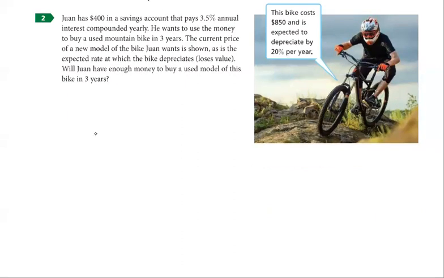So just remember the formula that we were given, which I tried to explain, was A equals the principal times (1 plus R) to the n power. In our case, we start with 400, so A is 400 times (1 plus R). R is the percentage rate, which is 3.5%, but we don't want to write 3.5 because we need to write it in decimal.